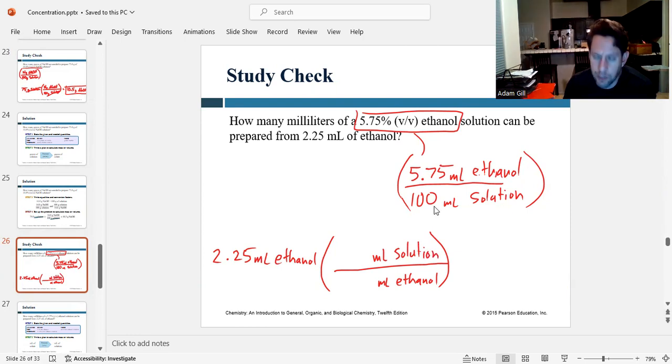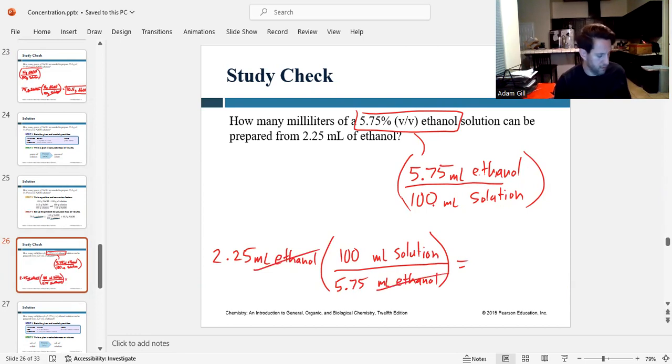And so it's 100 milliliters of solution, 5.75 milliliters of ethanol on the bottom. Milliliters of ethanol cancels. And punching it into the calculator, I get 39.1 milliliters of solution.